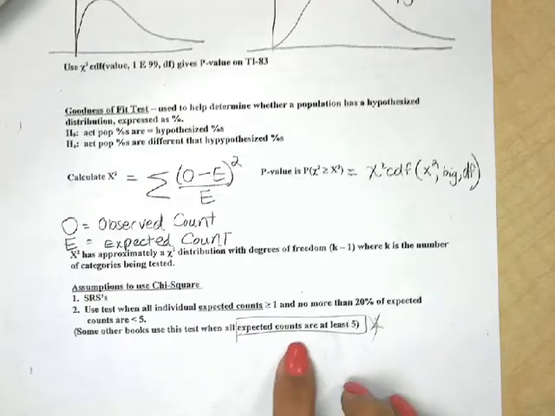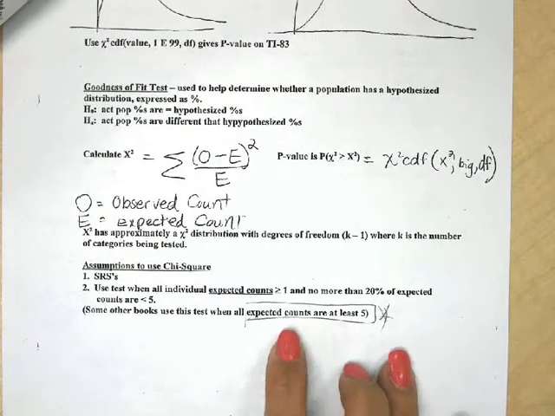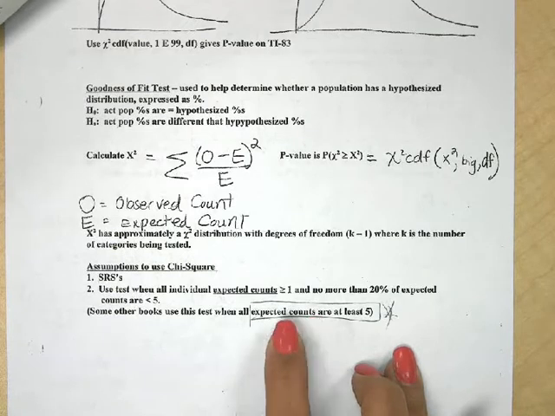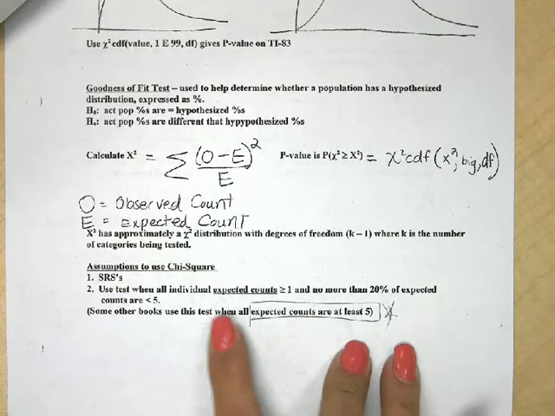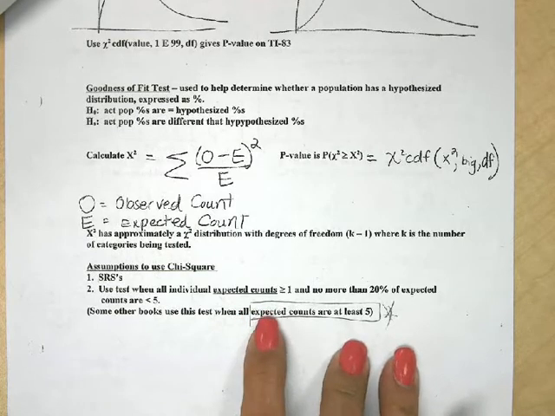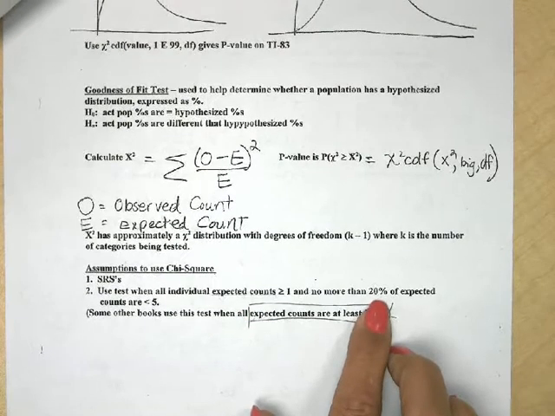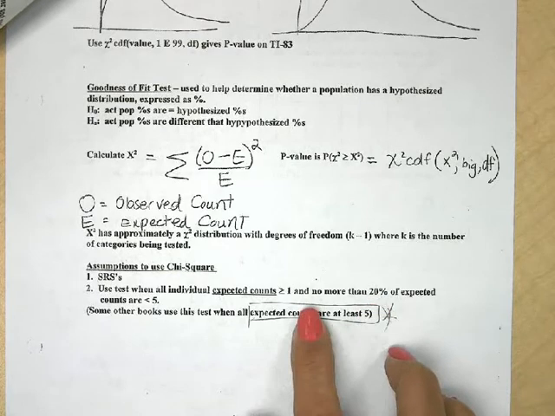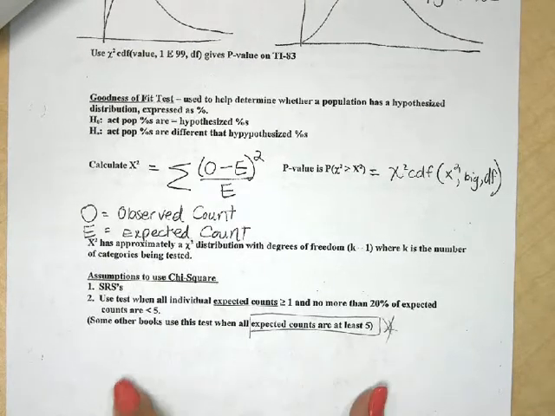And remember, this is a robust test, so we do want this to be true. But if we don't have this, that doesn't mean we can't perform the test. Look at how many categories you have, and if no more than 20% of your categories are between 1 and 5, then you're still good to go.